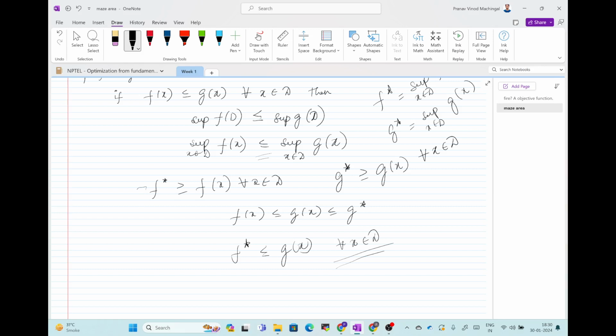From here, how can you come to this? Okay, you're right. The statement is wrong actually, because at some point g of x might be less than f star. Yeah, it can be.